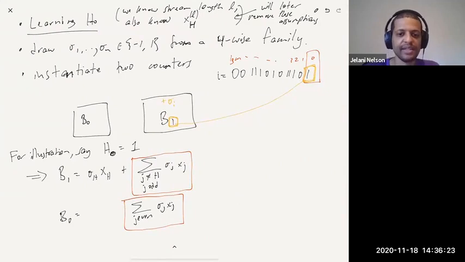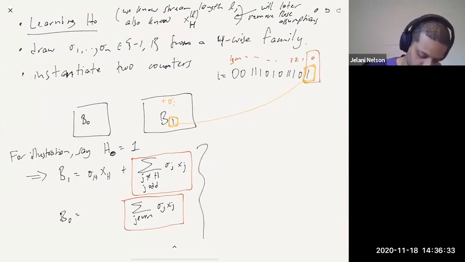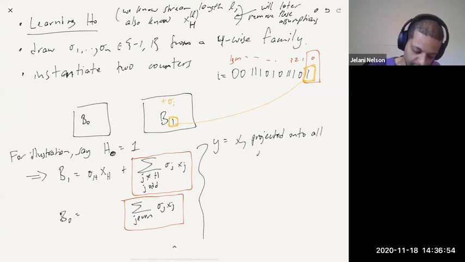Let me define two different vectors, y and y prime. y is the frequency vector x projected onto all odd j, which are not equal to h.